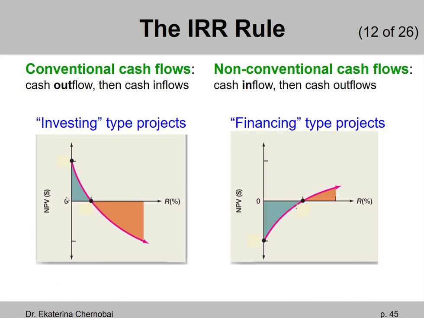And for a conventional investing type project, we would say accept the project if the required return is less than the internal rate of return. Instead, for financing type projects, we would accept the project if the required return is above the internal rate of return.